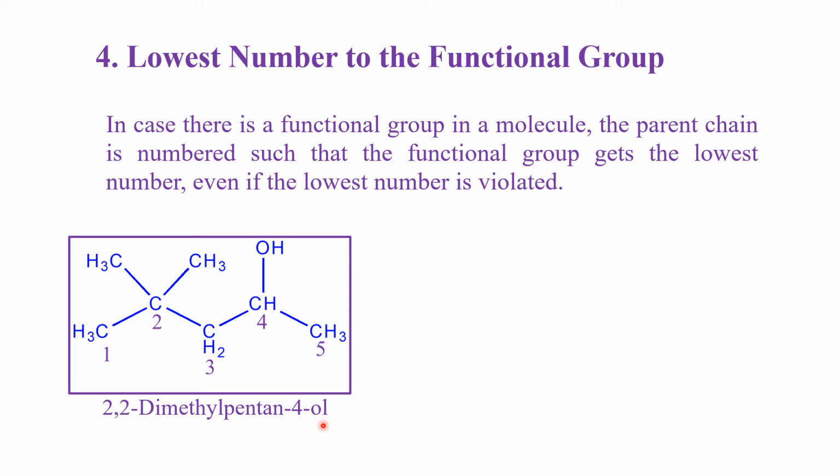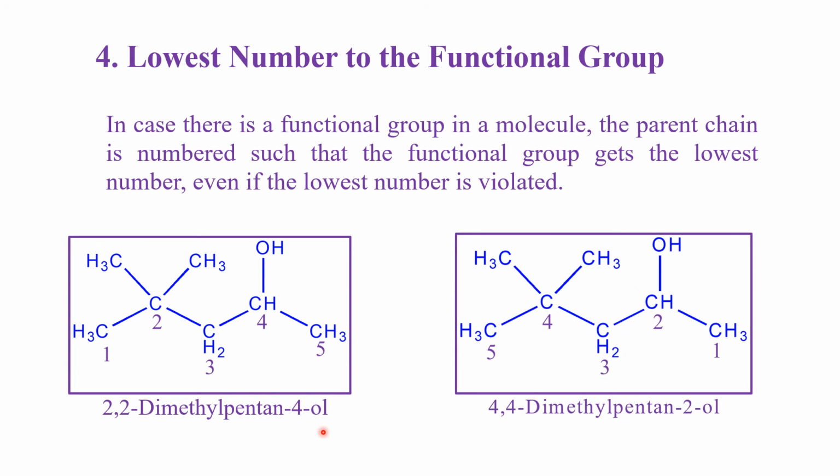Let us see a different type of numbering for the same molecule, where the numbering was started from the right and proceeded towards the left. Here, the functional group was given the second position, whereas the other substituents were at the fourth position.